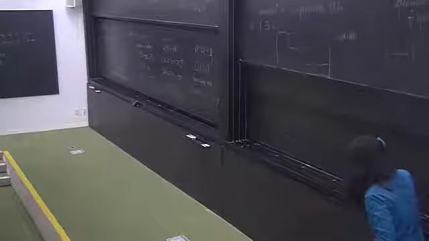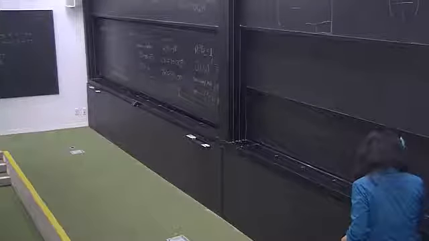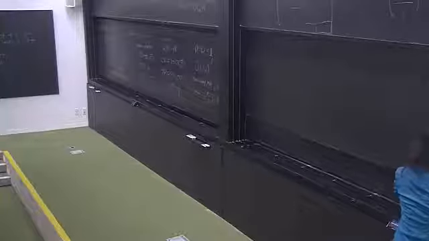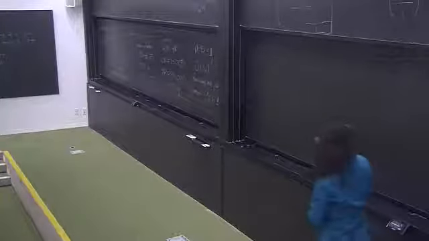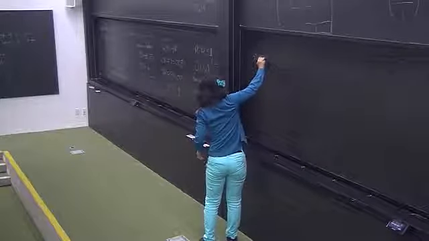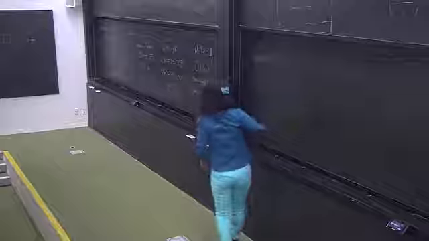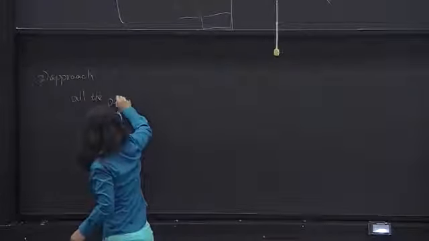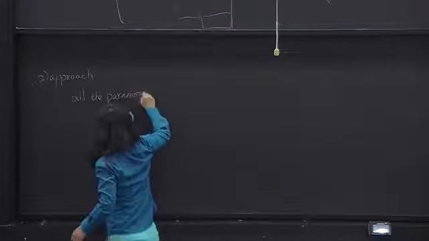So let's also introduce the other approach. The second approach says I can count all the parameters and subtract the constraints I have.